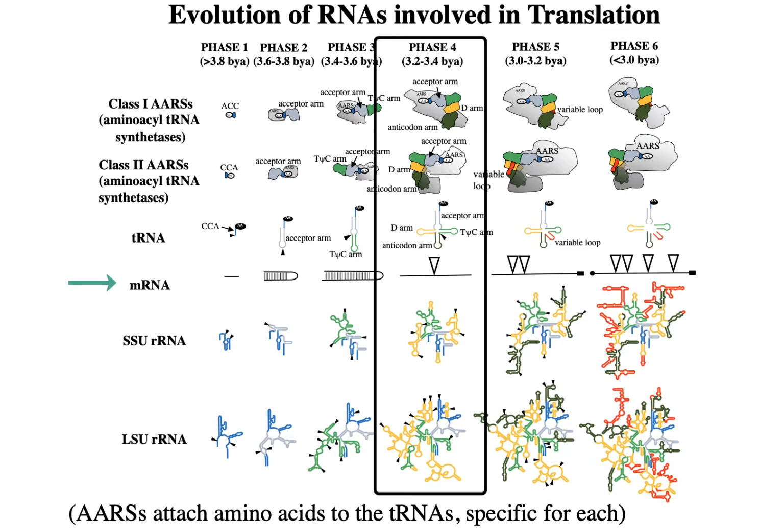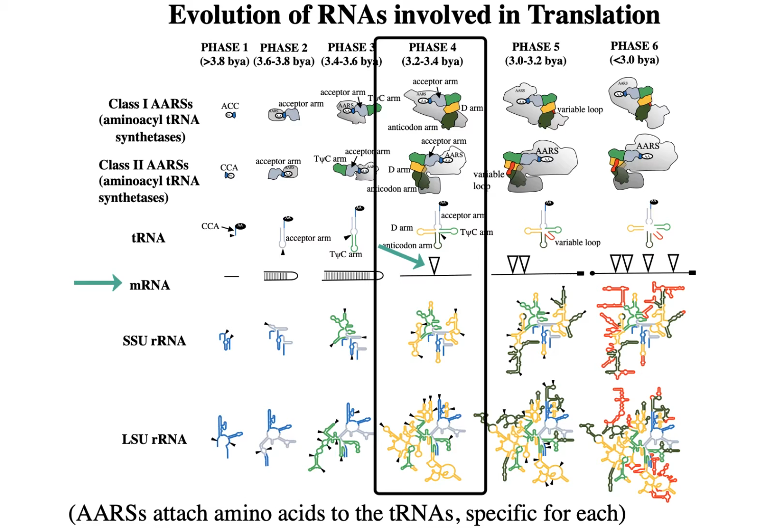And also the mRNA has become single-stranded again, probably so that it fits easily into the ribosome and is efficiently translated by the ribosome. And then the large and small subunits continue to grow, adding on piece by piece by piece. Also, introns certainly appear by this time, as indicated by these triangles.